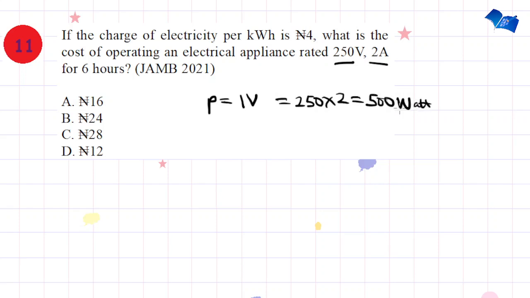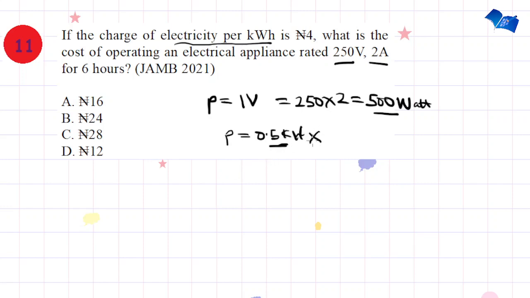But the charge of electricity is measured in kilowatt hour, so we have to convert this to kilowatt. 500 watts to kilowatt is 500 divided by 1000. So the power is equal to 0.5 kilowatts. We are told that the electrical appliance is operated for 6 hours.